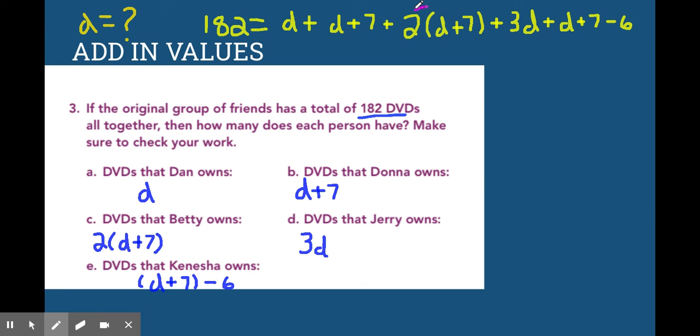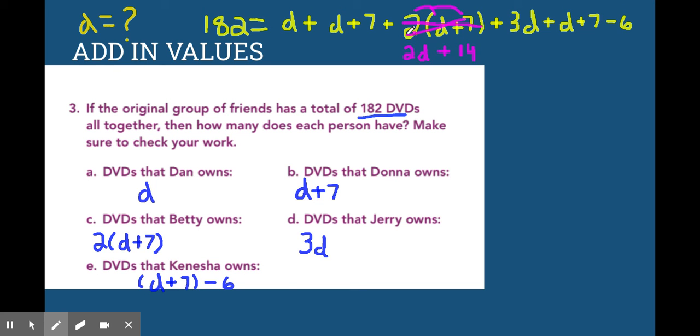The first thing I'm going to do is I see this and I'm going to distribute it out. So I'm going to make this end up being 2D plus 14. Whenever I simplify, that's the first thing I want to do: distribute out.